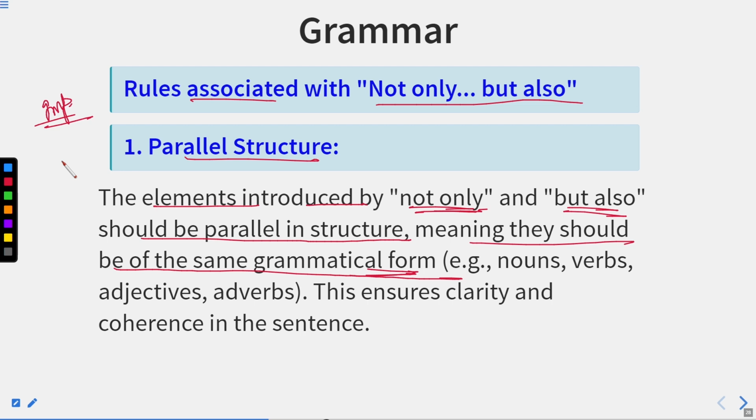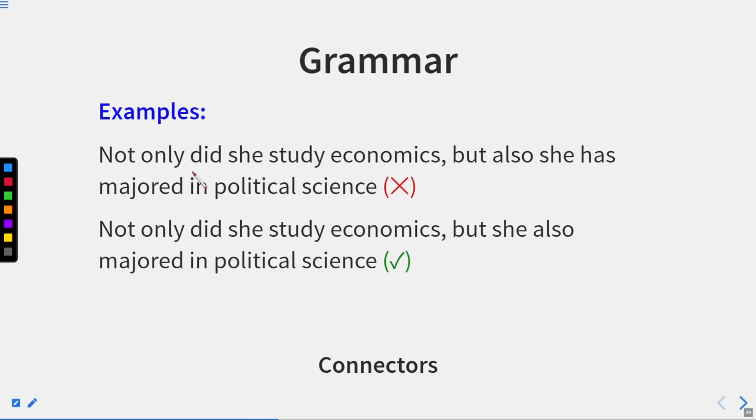For example, if there is a degree of adjective, if there is some kind of verb, or if there is some kind of tense form, they both should be the same. For example: not only did she study economics, but also she has majored in political science.